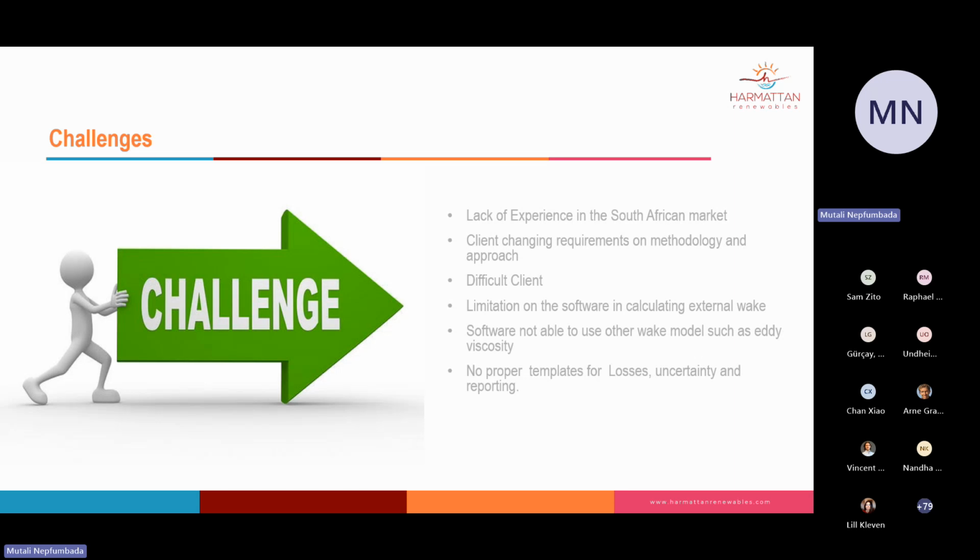But yeah, it's just getting that experience in the South African market and understanding what the current standard is for them.